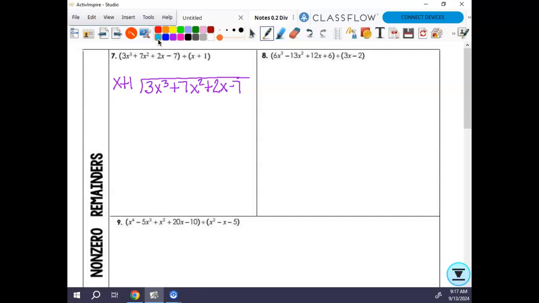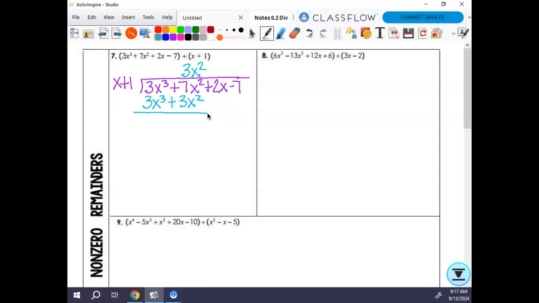Then I take 3x cubed divided by x. What do I get? 3x squared. So I put it above the x squared term. 3x squared times x, 3x cubed. 3x squared times 1, positive 3x squared.